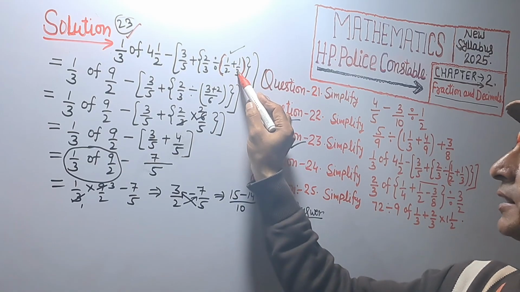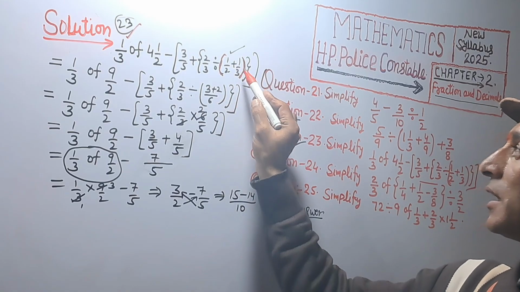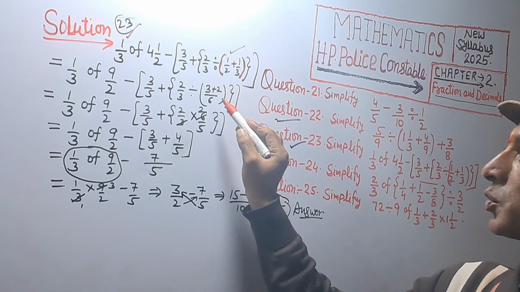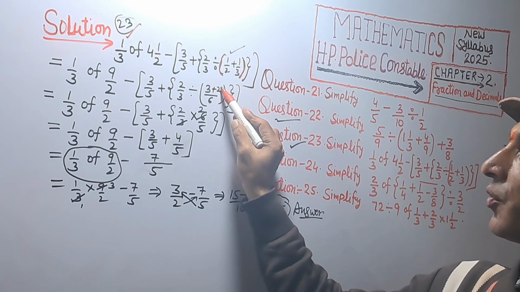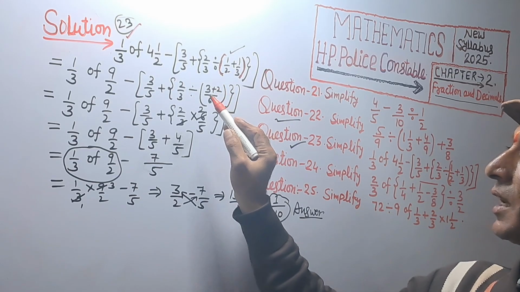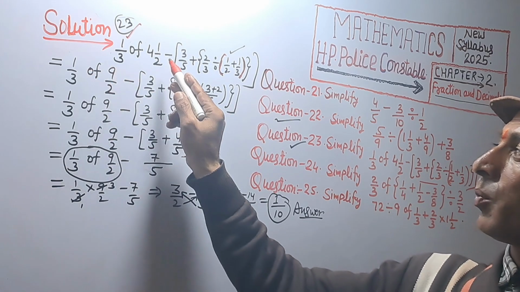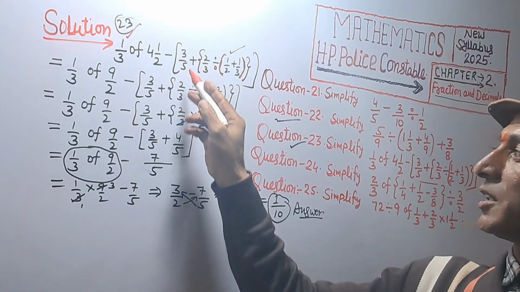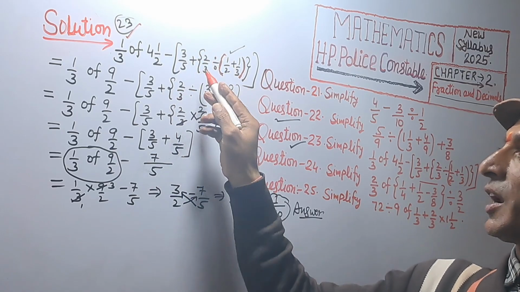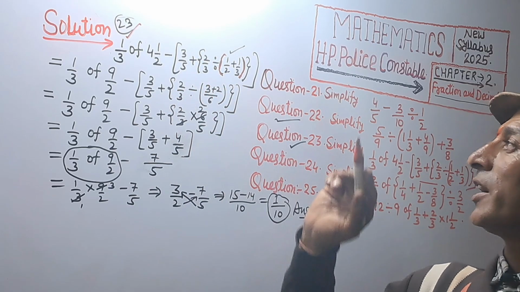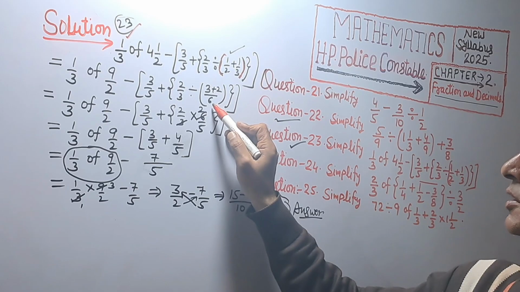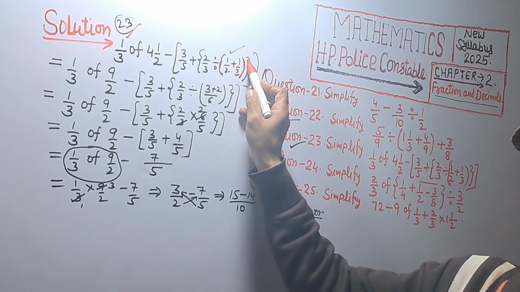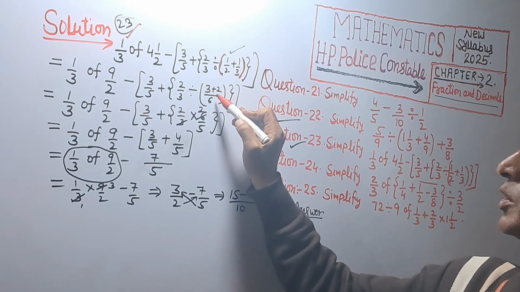LCM of 2 and 3 equals 6. 3 ones are 3 plus 2 ones are 2; 3 plus 2 equals 5, so 5/6. And 1/3 of 4 2s are 8 plus 1, 9/2, minus 3/5 as it is plus 2/3 as it is divide 5/6.